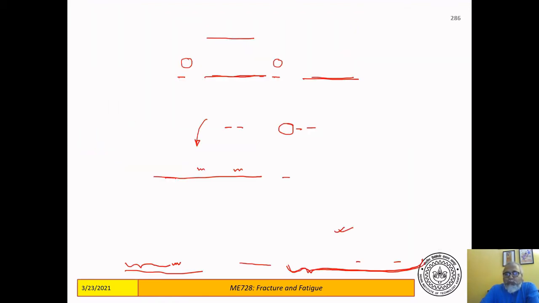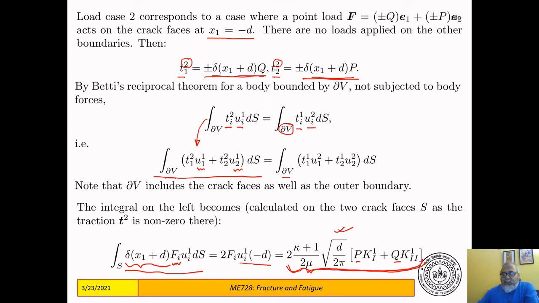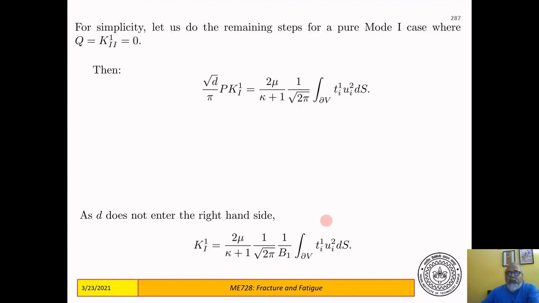So when it's a pure mode 1 case, then this term is equal to 0, because K2 by definition is equal to 0 and Q is also equal to 0. Therefore, this left hand side expression now becomes root d by pi P K11 is equal to this thing times the right hand side.